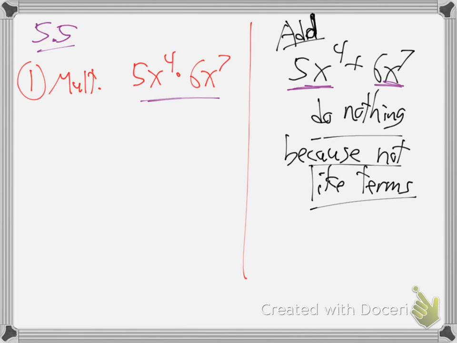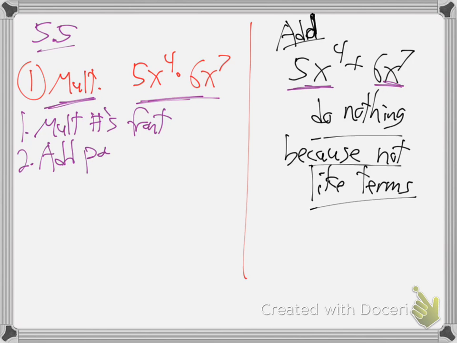Whereas multiplying over here, we're going to multiply those two. So what are the rules for multiplying? We had a section where we're doing some of this. So for multiplying, we don't care about like terms. You can multiply anything. And what's the rule? You multiply the numbers in the front, and add the powers.